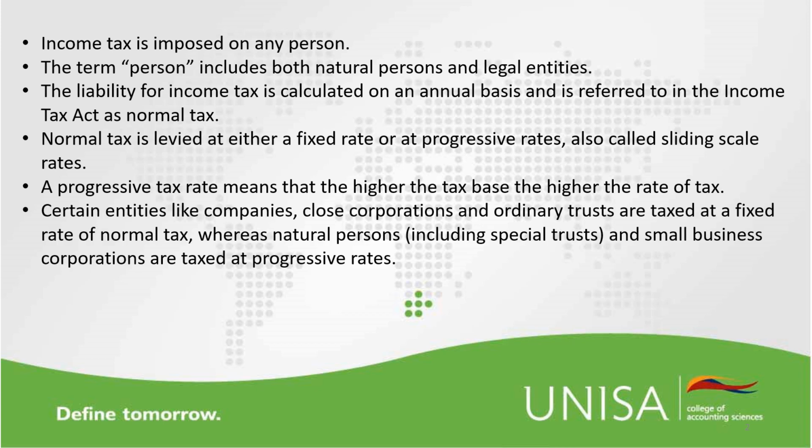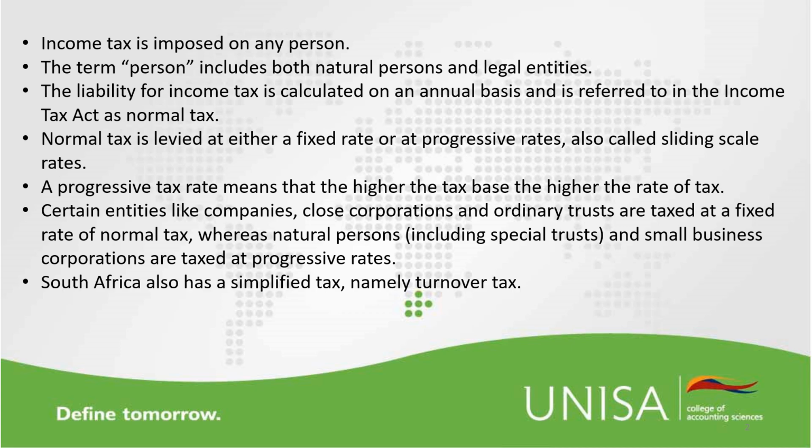Certain entities like companies, closed corporations and ordinary trusts are taxed at a fixed rate of normal tax, which is currently 27% per year. Whereas natural persons, including special trusts and small business corporations, are taxed at progressive rates.